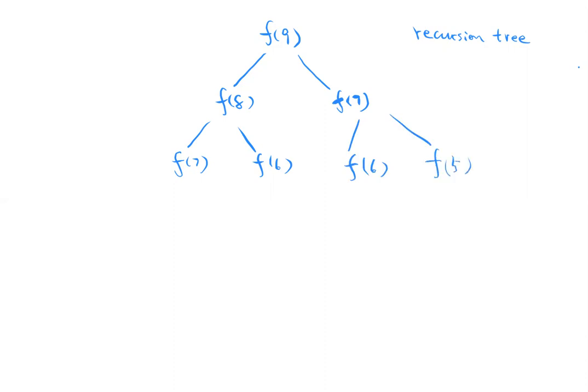So you see what happens? Overlapping sub-instances. When we do F8, we need to compute F6. When we want to compute F7, we also want to compute F6, and they will be computed independently. We compute F6 twice. If we extend further, we'll see it's getting even worse. The same sub-instances occur many, many times.